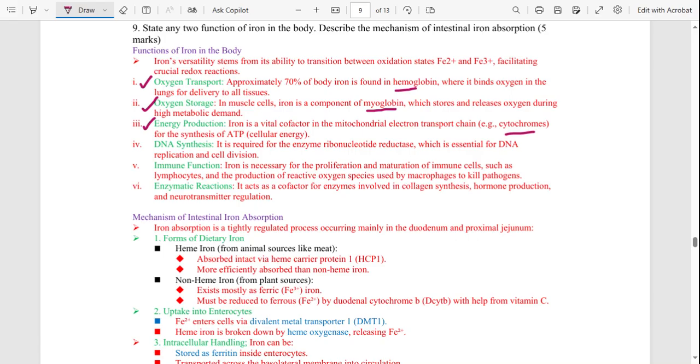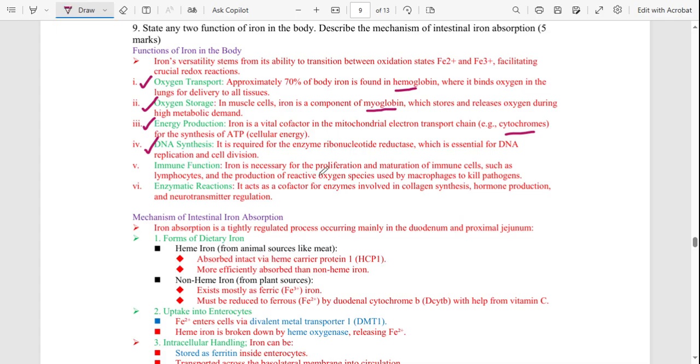The cytochromes are enzymes, and for enzymes to function they need cofactors, and iron acts as a cofactor. Iron is also needed for DNA synthesis, because the enzyme ribonucleotide reductase requires iron and is involved in DNA synthesis.